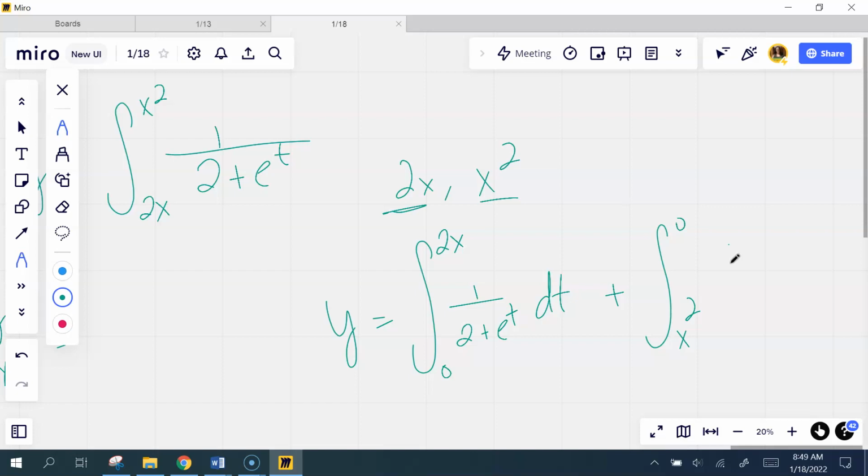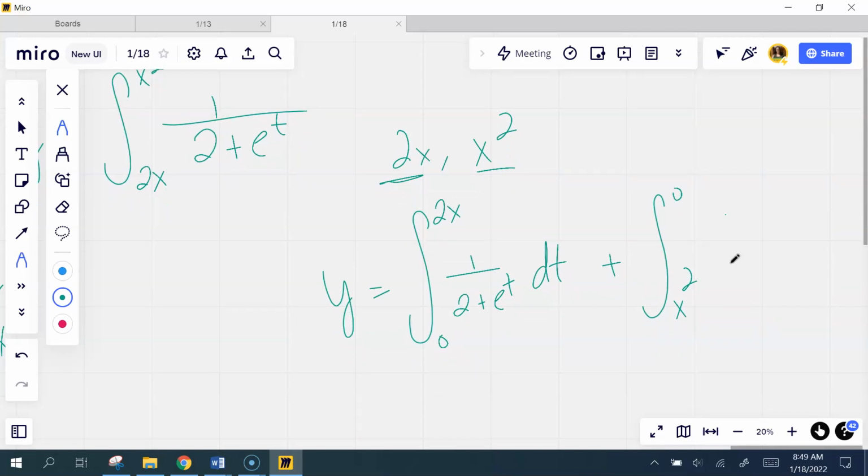Which one needs to go where? What's not going to be negative?